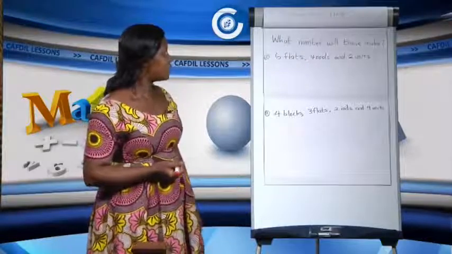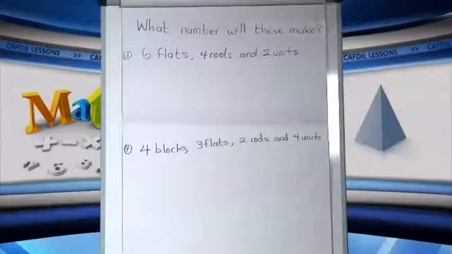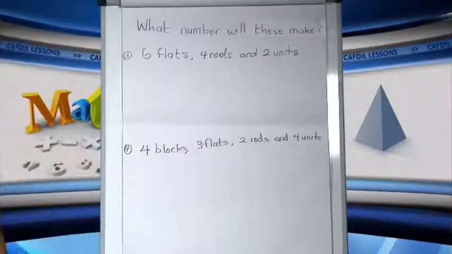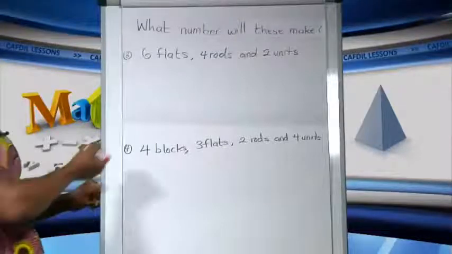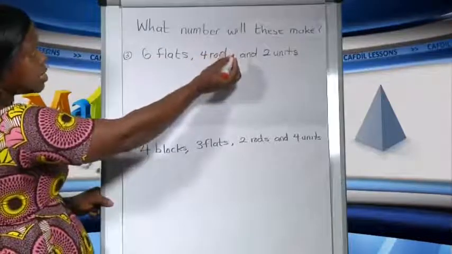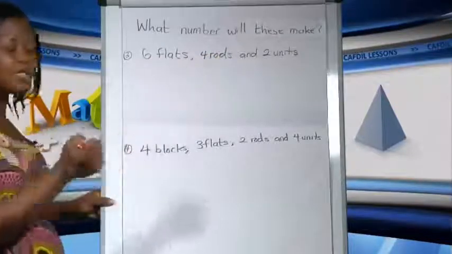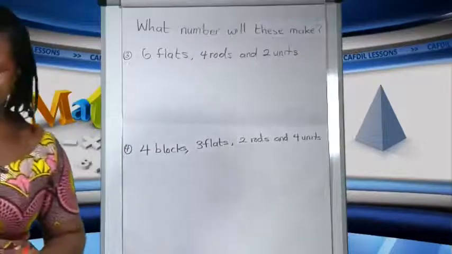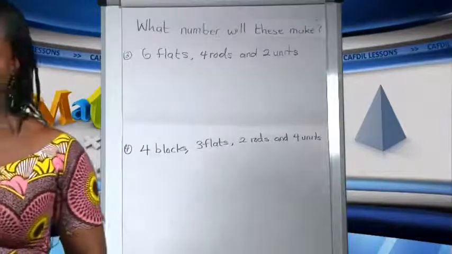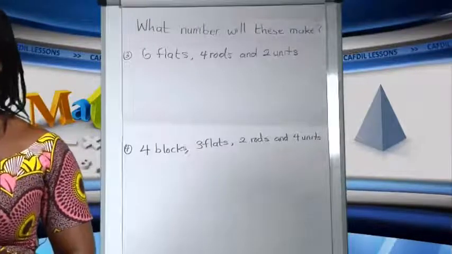What number will these make? 6 flats, 4 rods, and 2 units. This time we are not going to draw. What number will this make? 6 flats. So 6 of the flats. We have our flats.